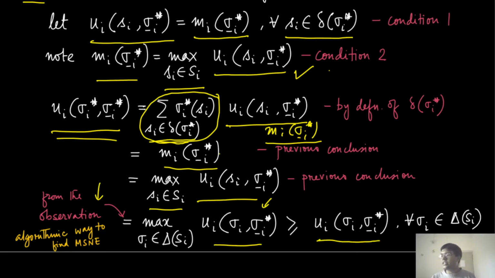This can be written as greater than or equal to the utility at any other mixed strategy of player i. So that is indeed the definition of mixed strategy Nash equilibrium. The player i and this sigma i that we have chosen are arbitrary, so it should hold for all sigma i and for all i. So therefore we have actually shown that this mixed strategy profile is a mixed strategy Nash equilibrium. So that is the proof of the characterization result in both directions.